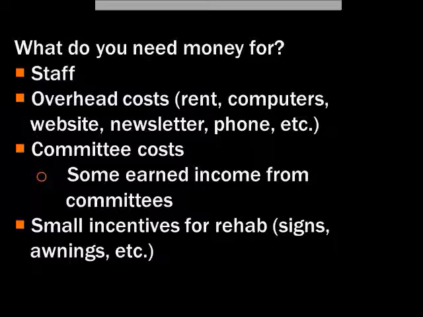Obviously, there are specific projects that have associated costs with them, and I guess you could include them in committee costs as well. But perhaps the last point is where that would be described, under small incentives for rehab, such as signs and awnings.